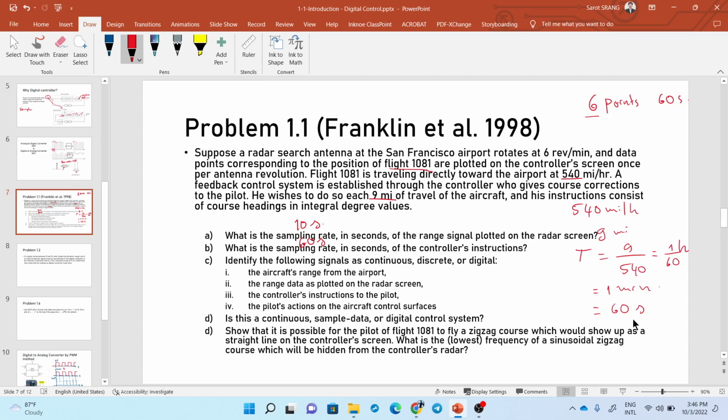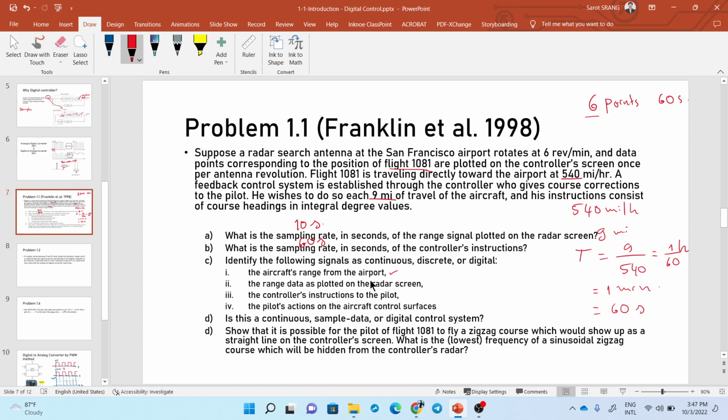Identify the following signals as continuous, discrete, or digital. The aircraft range from the airport. Is this one continuous, discrete, or digital? It's discrete. Why? Because it's not changing.